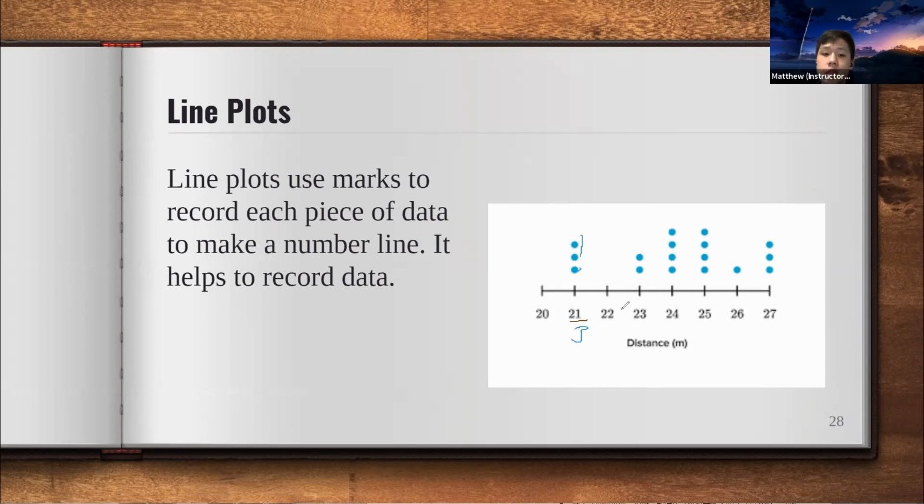That's bad handwriting. 23 has 1, 2. So it would be 2. 24 has 1, 2, 3, 4. So 24 has 4. And 25 has 1, 2, 3, 4. So also would be 4. 26 just has 1. And 27 has 3.